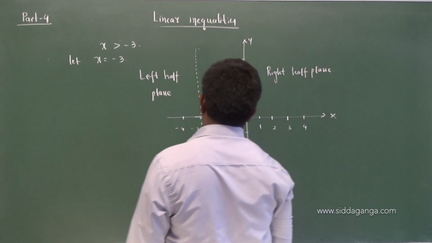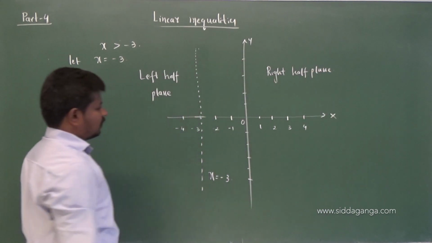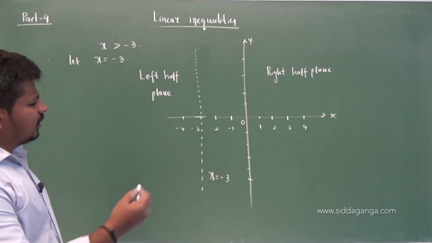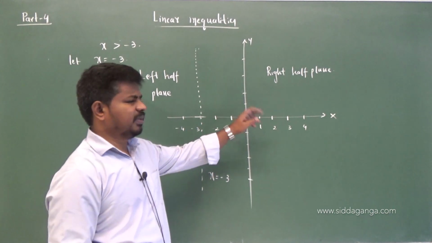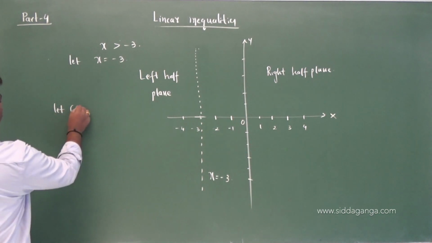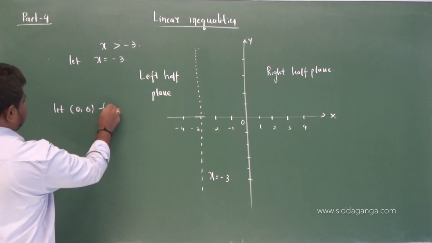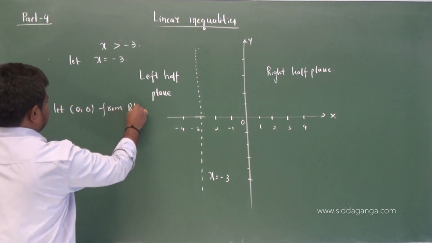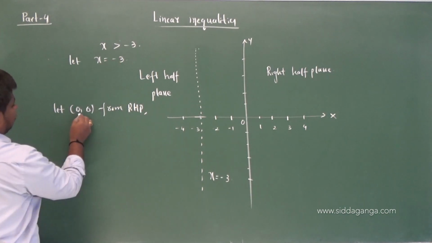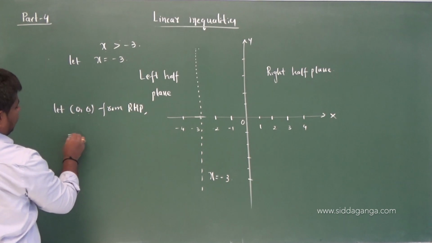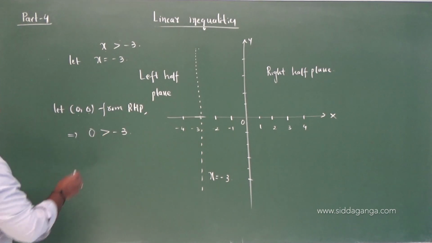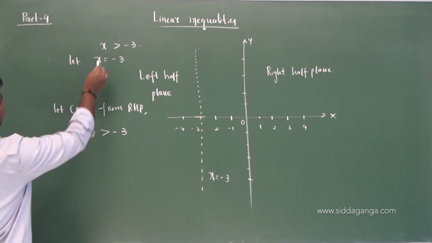Here also, to find the solution region, you can take any point from any plane. So, let us take again (0, 0) from the right half plane. Substitute in this inequality. Here x is 0, y is 0. We have only x here.